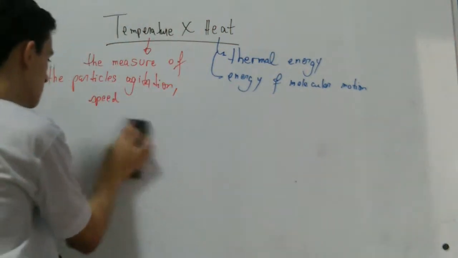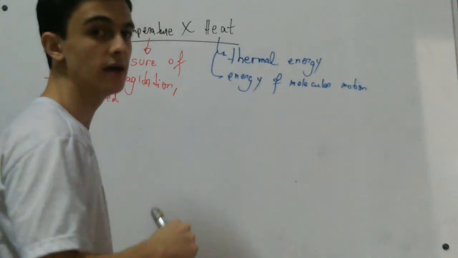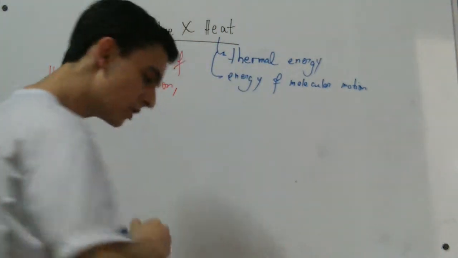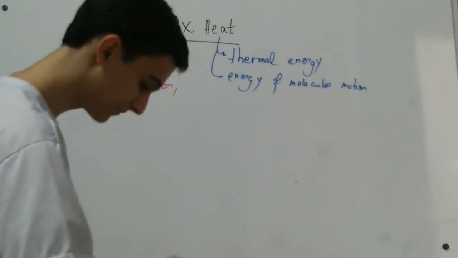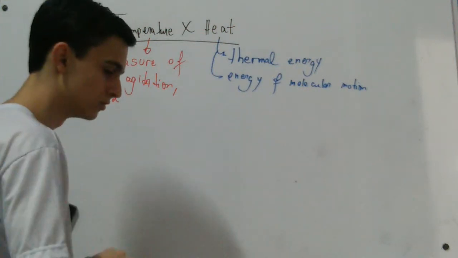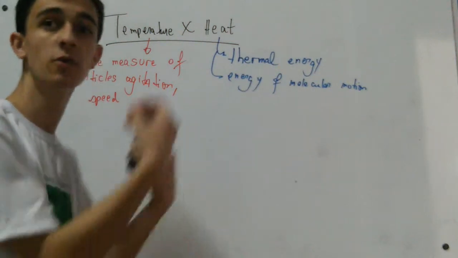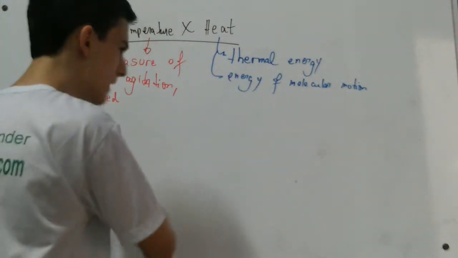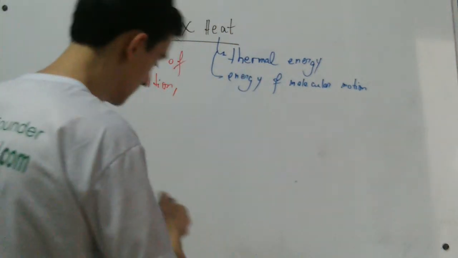So let's imagine a situation here. Let's imagine we have 2 different objects and they have different temperatures. And I'm going to represent the temperature by the size of the particles. Not necessarily is the size of the particles the way I'm going to draw them, but the size is just to represent the temperature. So the way I'm going to draw, the greater the size, the higher the temperature.